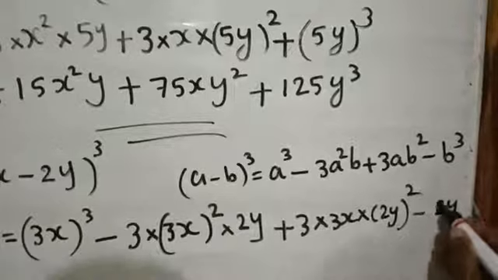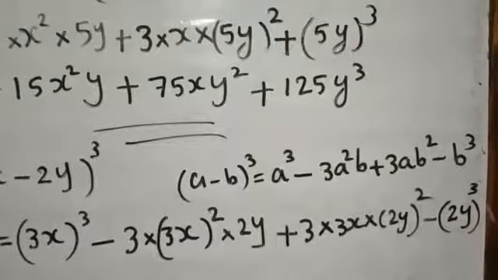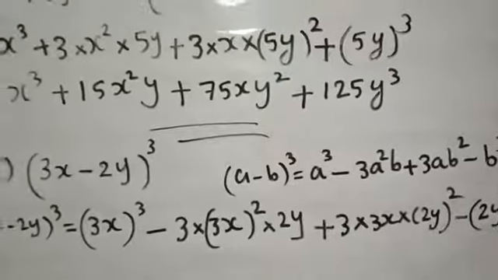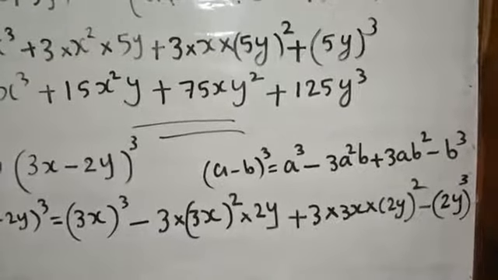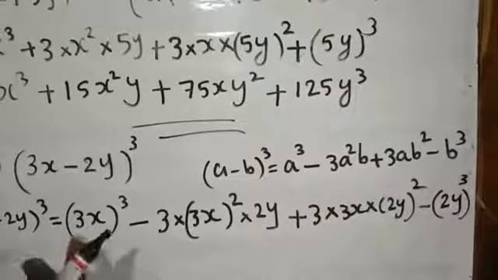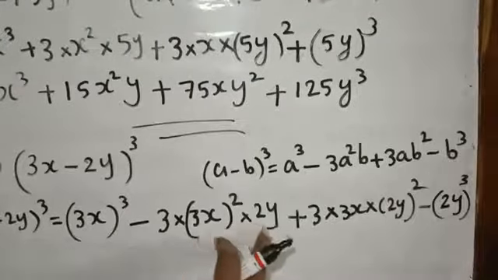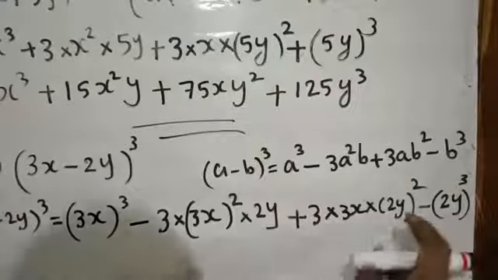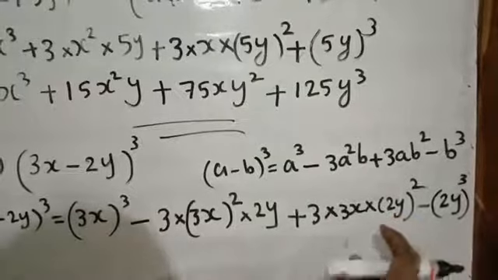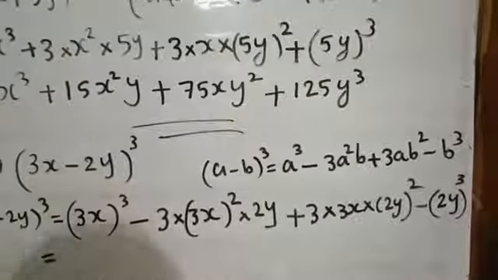What's our b? 2y. So 2y the whole cube. Okay. 3x the whole cube minus 3 into 3a square b. So 3x square into 2y plus 3ab square. So 3 into 3x into what's our b? 2y, and take its square. It is equal to 3 3s are 9, 9 3s are 27.